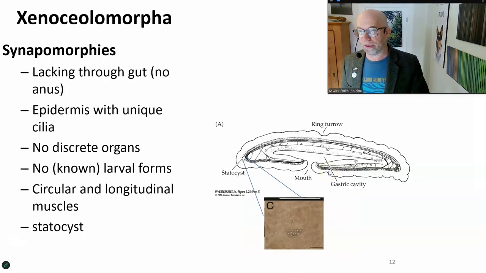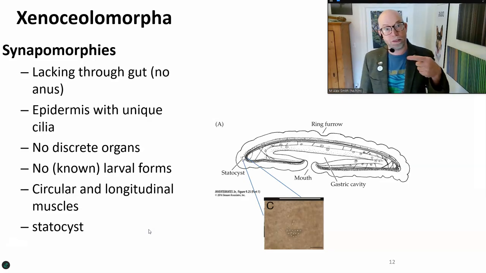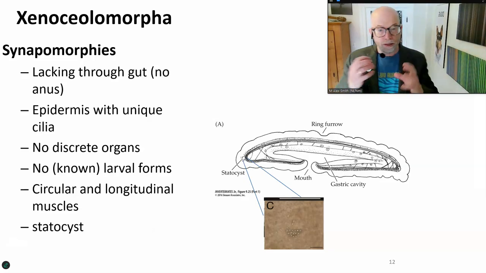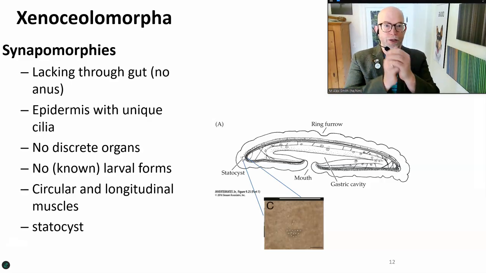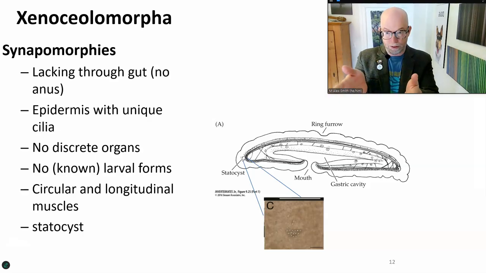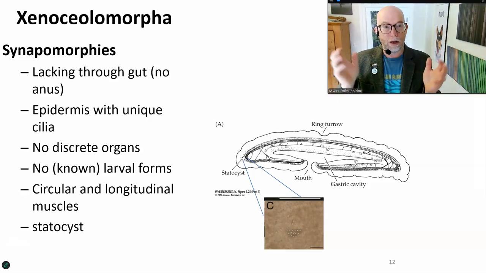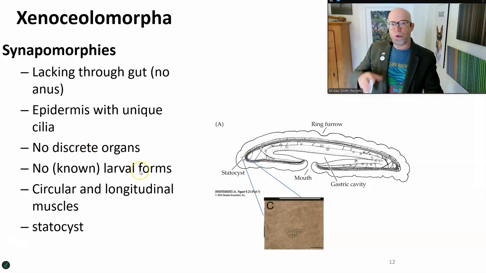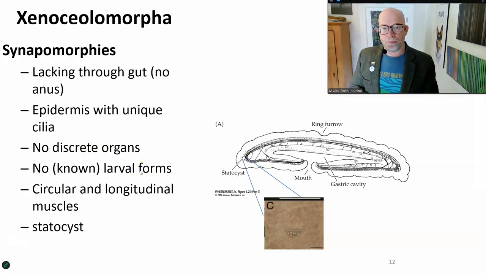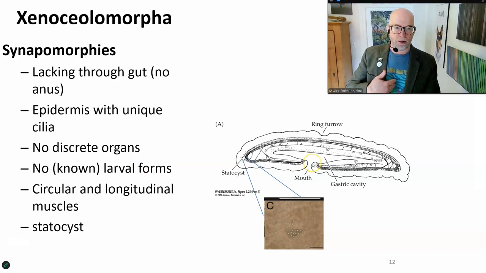Now, one of the cool things I'll add at the bottom is that they also have, remember the statocyst from the other day with the ctenophores, this little ball that floats around, and its response to gravity and direction lets the ctenophore, and in this case also the Xenacoelomorpha, understand where it is in the world. They have one up at what you would call its front end, even though the mouth doesn't sit at its front end, it sits kind of mid-stomach.